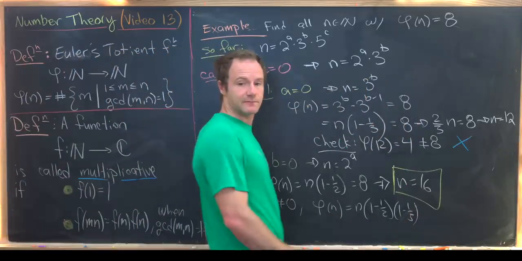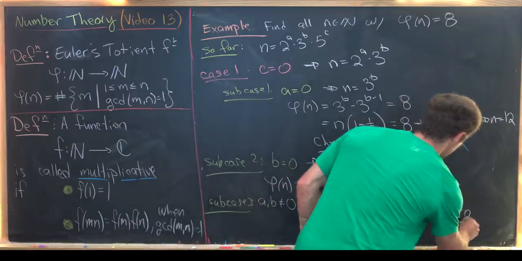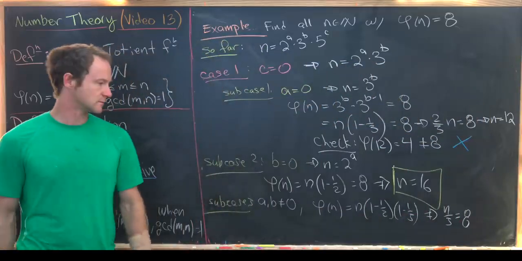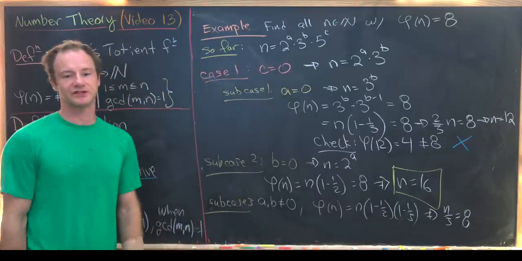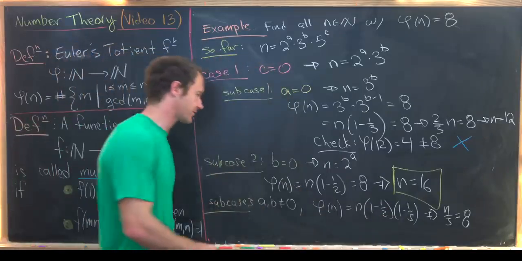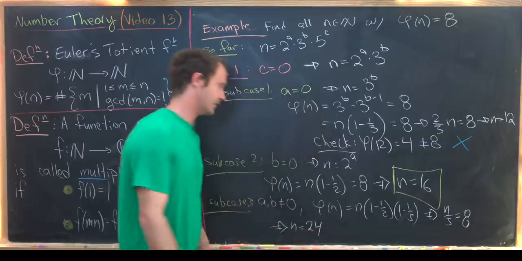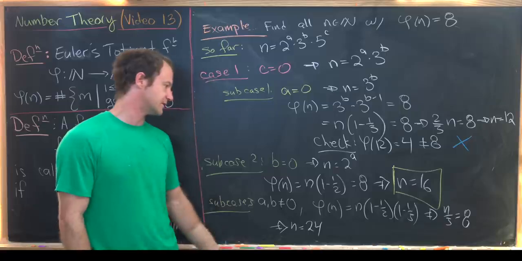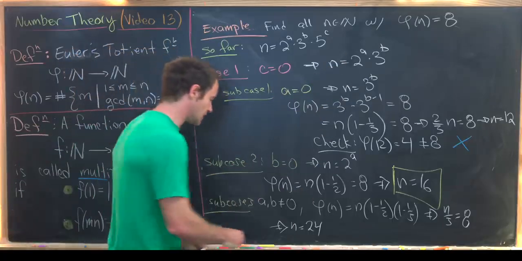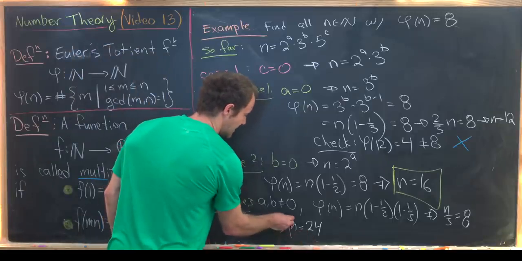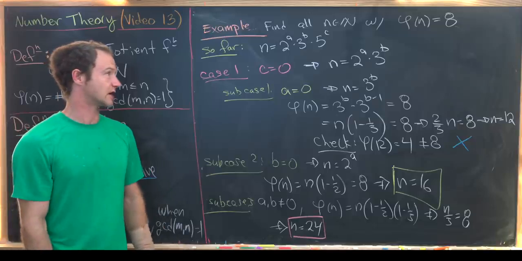But let's see, that means that n over 3 is equal to 8. Well, you might say, why that? Well, that's just from standard multiplication of rational numbers there. But if n over 3 is equal to 8, that tells us that n is equal to 24. But notice 24 is most definitely of the form 2 to the a, 3 to the b. But you can also just run it through and see that phi of 24 is also equal to 8, which was our goal.